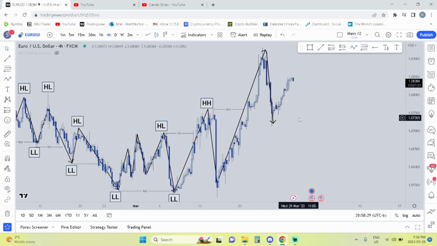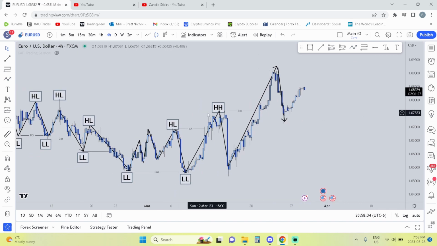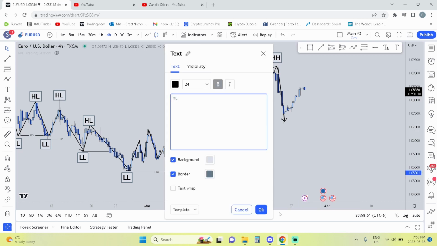It made that correction. Now our expectation of price, because we're in a bullish scenario of market structure, is to continue making higher highs and hold our low points. So this would become a higher high, and then this point would become our higher low.